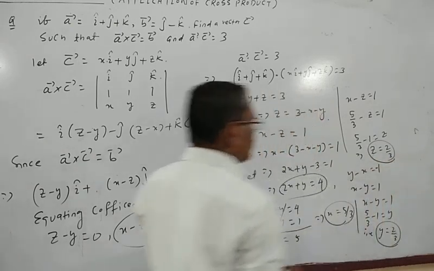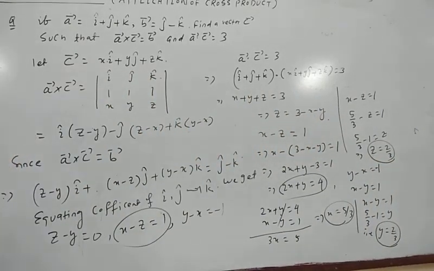So x is equal to 5/3, y is equal to 2/3 and z is also 2/3.